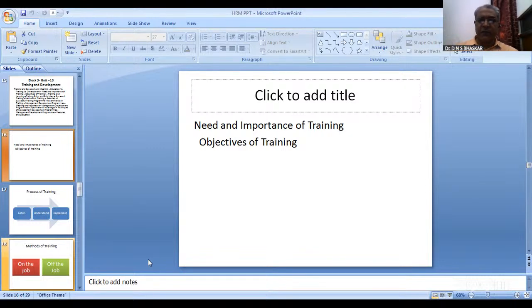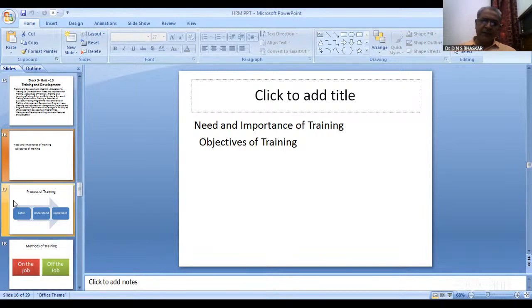What is the divisional goal? Out of that, what skills are required for an employee? How to improve his knowledge and make him aware of new technical skills? The objectives of training are to provide good knowledge on job performance and the job specifications, to make an employee suitable for the job.